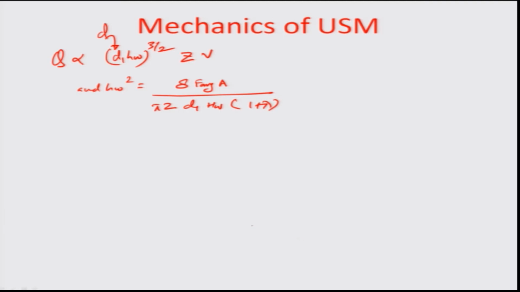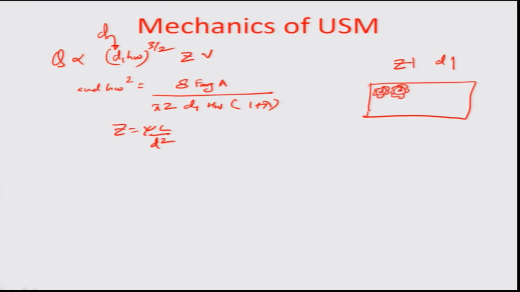Z still remains equal to rho c by d square, because you have to think of it that even if the projection diameter of the grain is different, the number of grains making impact would still be related to the average grain diameter d. So, if this diameter is lower, the Z would increase and vice versa.